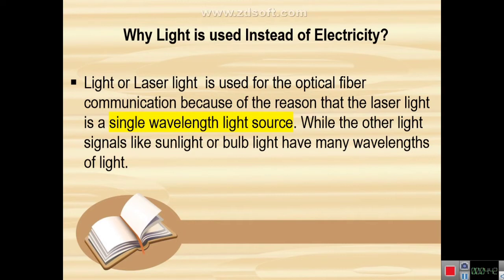So as a result, kapag yung sunlight or the bulb light yung ginamit for communication, they would produce a beam which is very less powerful. And on the other hand, the laser having a single beam would result in a more powerful beam as output. So less dispersion, transmitting more number of signals, and consuming less time makes the light a good source of communication.